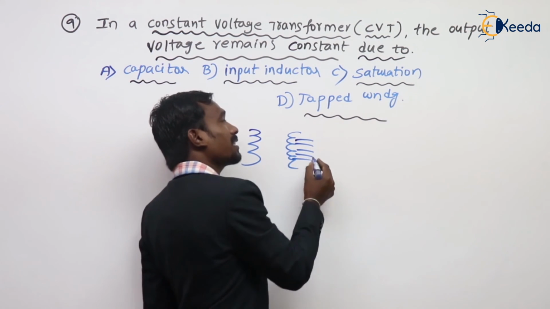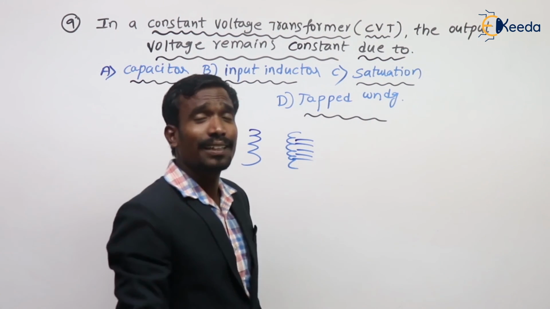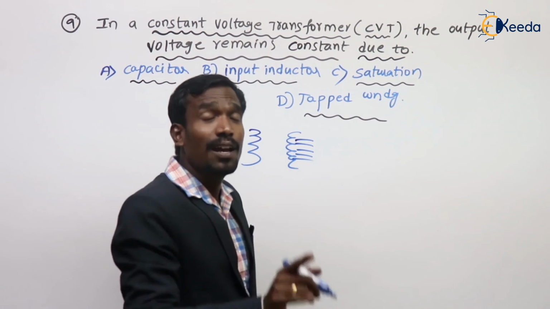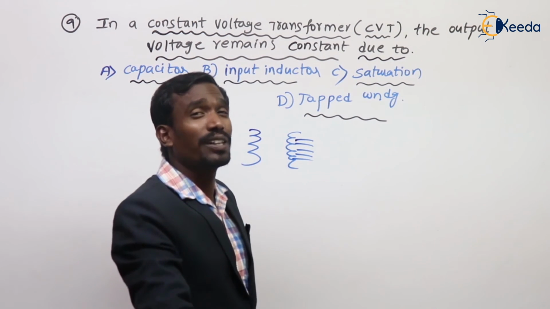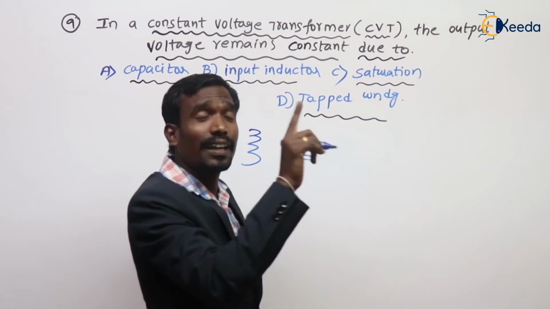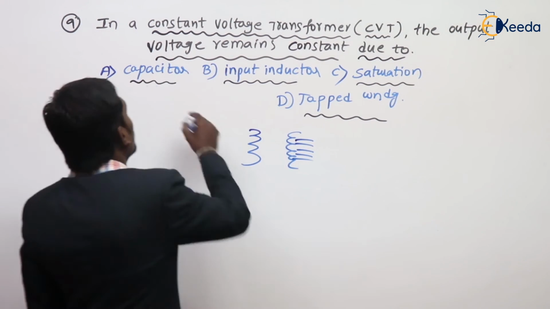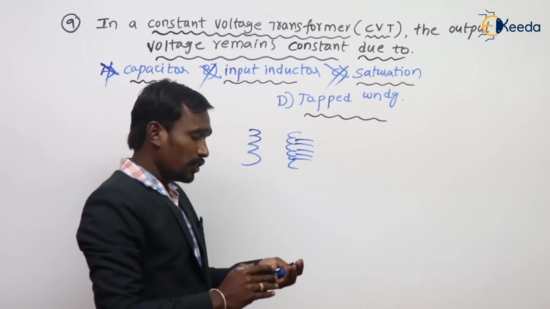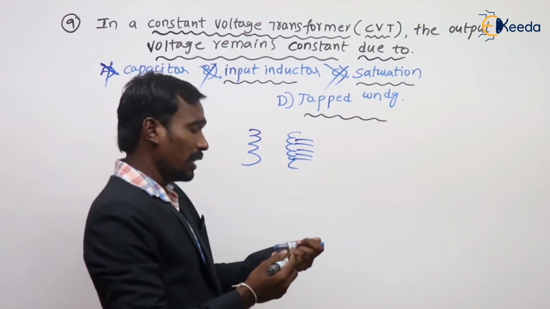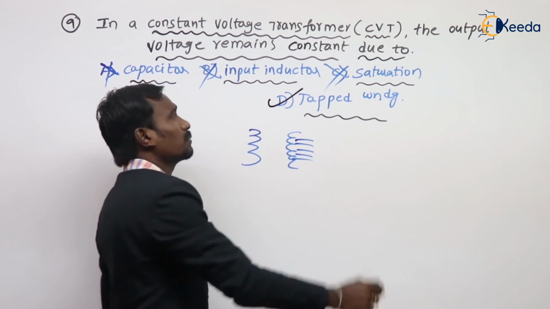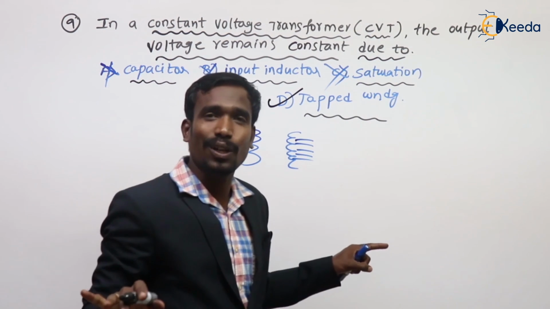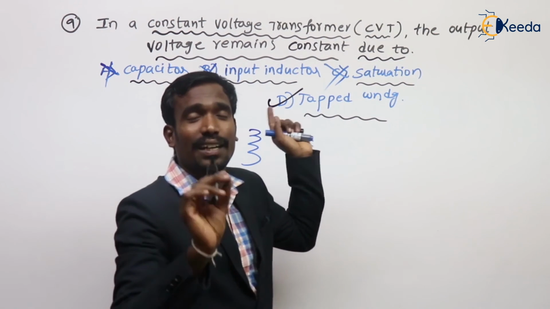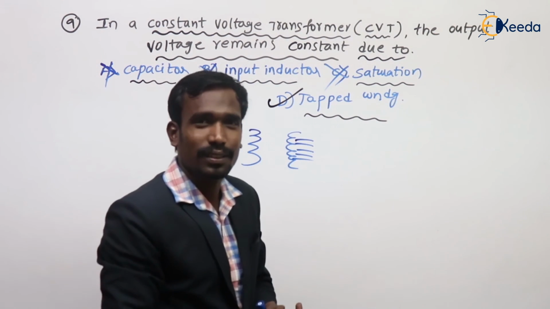By using these tappings, we can maintain constant output voltage. That is the reason the output voltage is constant. These are the wrong answers. Due to tapped winding only, the output voltage is maintained at constant levels. This is the 100% correct answer for CVT.